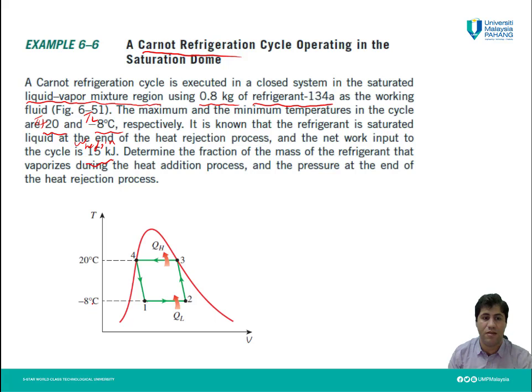Its temperature is negative 8 degrees Celsius, and during this process, the thermal energy is absorbed by the working fluid. Then process 2 to 3 is an adiabatic process, during which we don't have any heat transfer with the surroundings, which is a line like this in the TS diagram. The process from state 3 to state 4 is a heat rejection process.